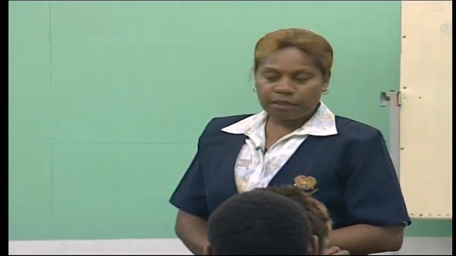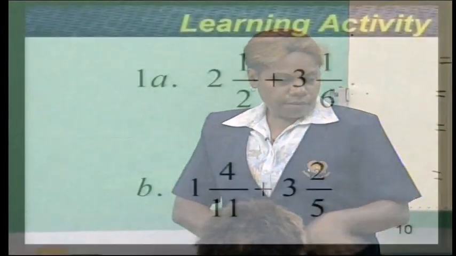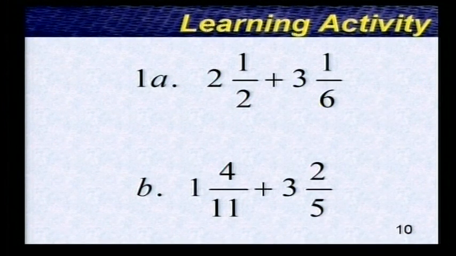Please start working now in your groups. Receiving students, I'd like you to do questions 1A and B. The back row, I'd like you to do question 2A and B. Is that clear? You have the questions also in your textbook or workbook. You are adding mixed numbers, so you can follow the different methods.